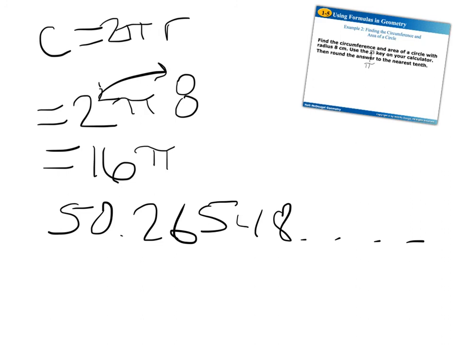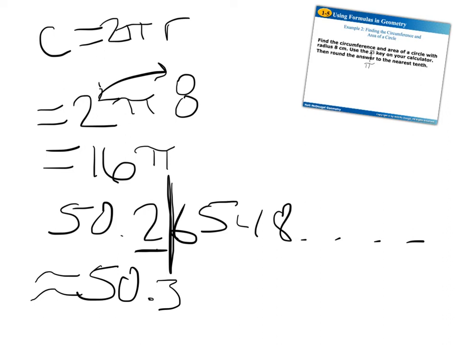When I round to the tenth place, that means to the first decimal. I'm going to draw my line here. I look at the next number, and this 6 tells me to take this 2 and make it a 3. So our answer is approximately 50.3 for the circumference. The unit is centimeters, so 50.3 centimeters.